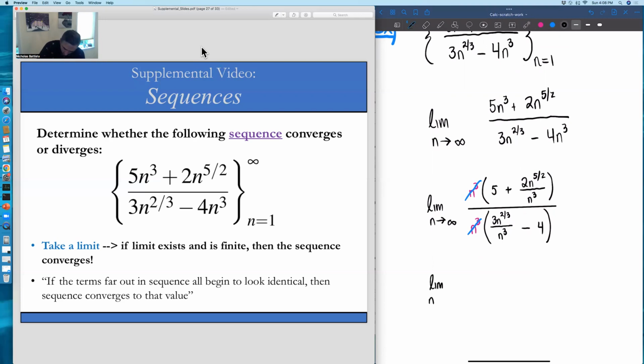So we can rewrite what we have here in the limit. In the numerator, we have a 5 plus 2n to the 5 halves. And since we have that n cubed in the denominator, we can rewrite that as multiplying by n to the minus 3rd power. We're going to do a similar thing in the denominator: we can write that as a 3n to the 2/3, the original term.